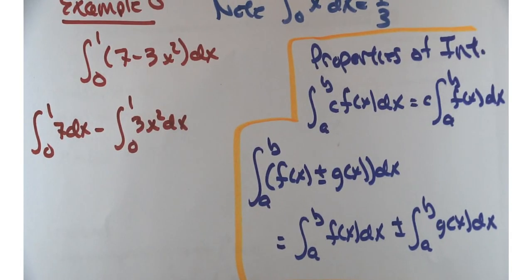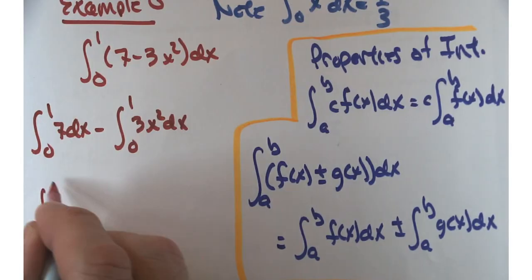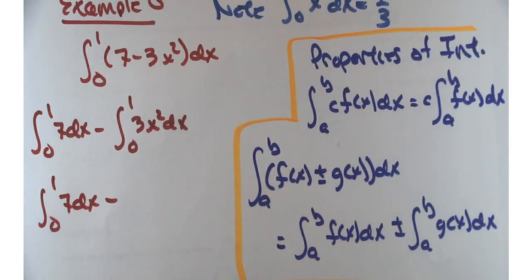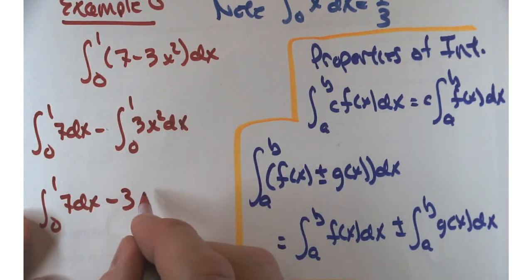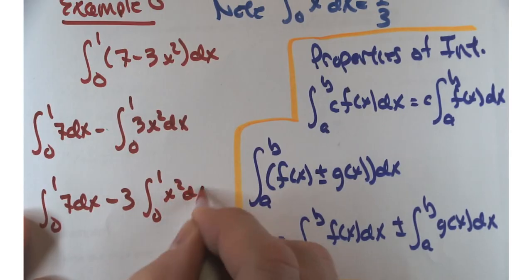Okay. And there's something else I can do with this second one. Does anyone see what that is? Yeah, that 3 is going to come out. So I'll move that to 3 times the integral from 0 to 1 of x squared dx.